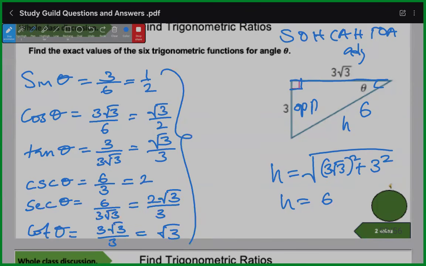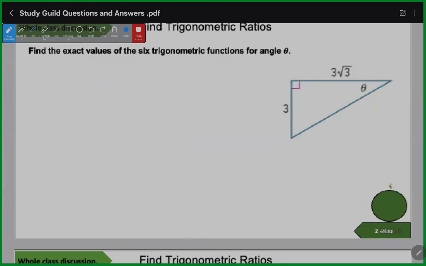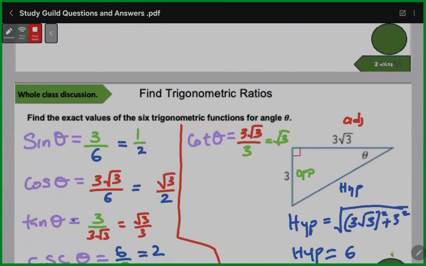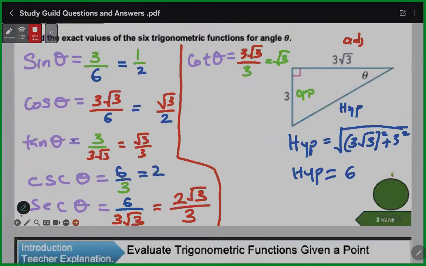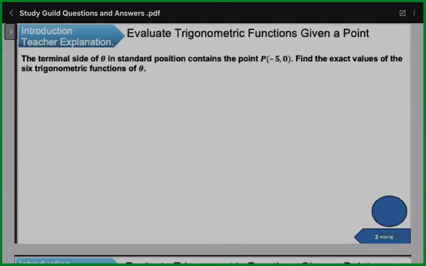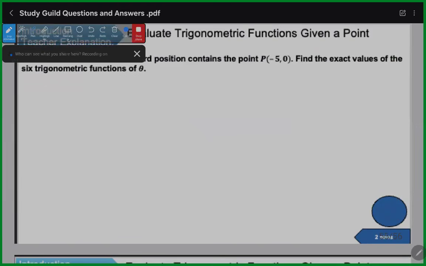So just learn the steps. Then, okay, I think we have it here. Yeah, we have it here. So for this, they said the terminal side of theta in standard position contained this point. They said we should find the exact value of the 6 trigonometry ratios.